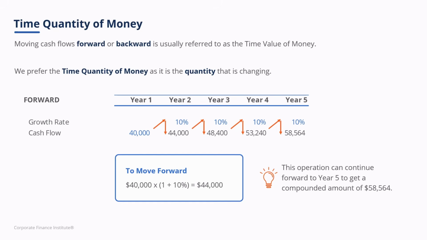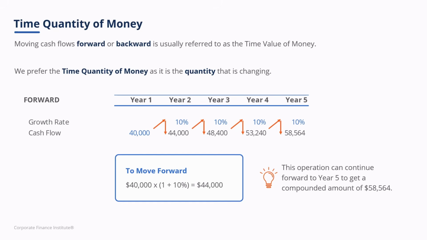Now, it's fairly simple and intuitive to move these quantities or cash flows forwards in time as they grow. However, in finance, it's actually more common to move in the reverse order, or take a quantity of cash flow in the future and move it backwards in time. We refer to this backwards process as discounting. Let's take a look at how that works.